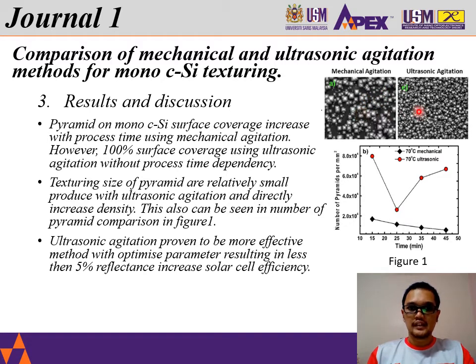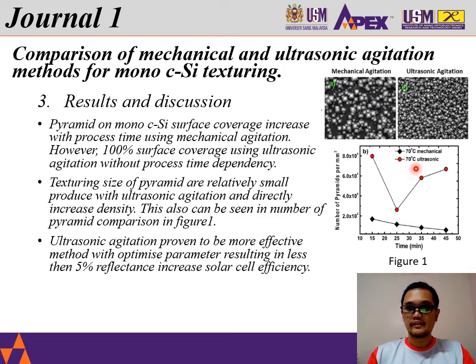But the density of the pyramid population is much higher on the ultrasonic agitation compared to mechanical agitation. This directly translates to the number of pyramid shapes per mm² on top of this monocrystalline silicon surface.